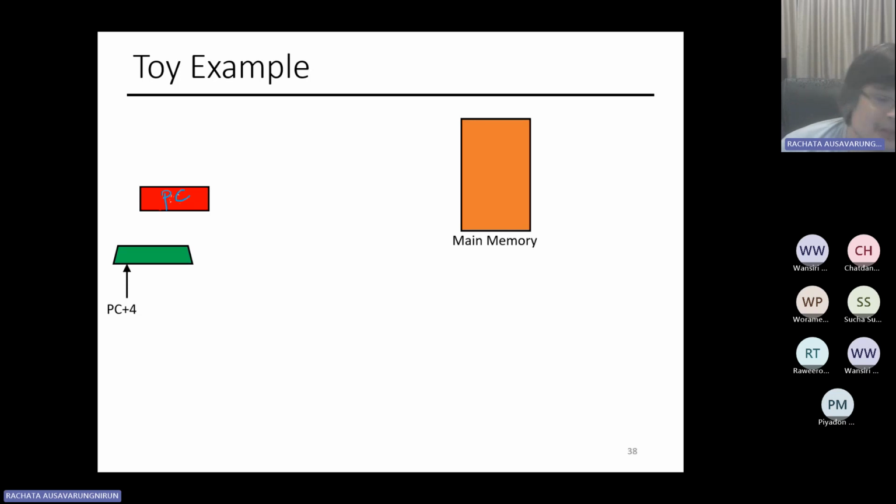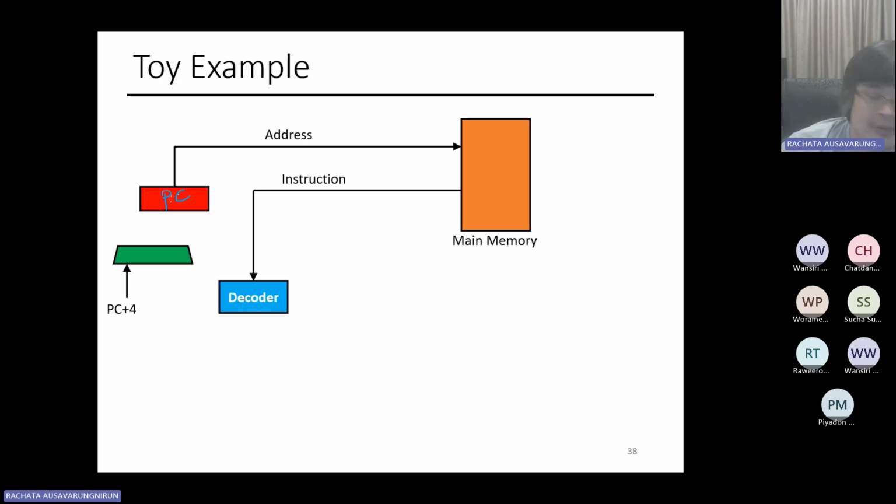So because I point to the line I'm running right now, the address, we use this as an address saying, hey, go get that line, because that's where we are. That's the line in the program you're running, right? Then once you have the instruction, the instruction is put to the decoder.